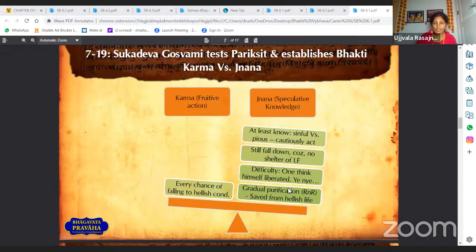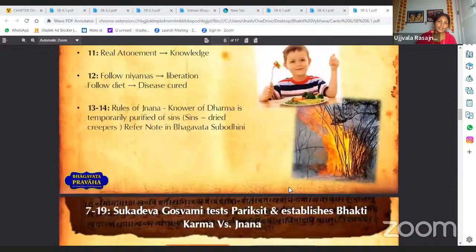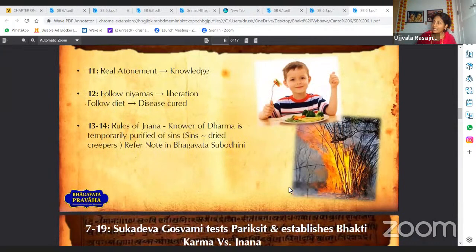Here it's described that those jnanis who try to merge in the Brahman, who think they have achieved liberation, they fall back again, because they did not get the shelter of the lotus feet of Lord Hari.